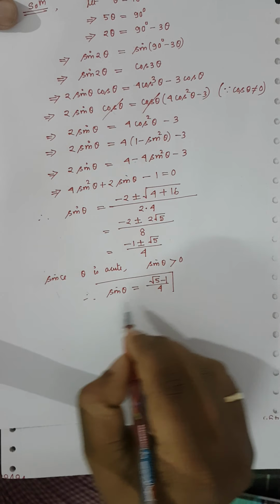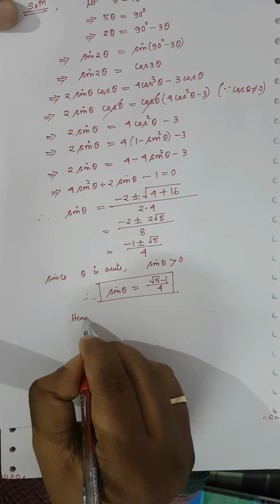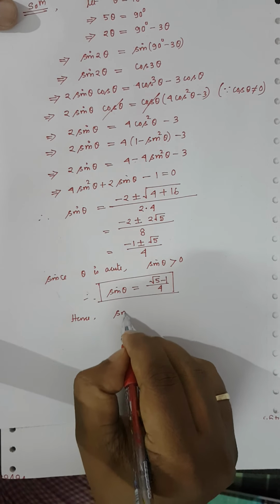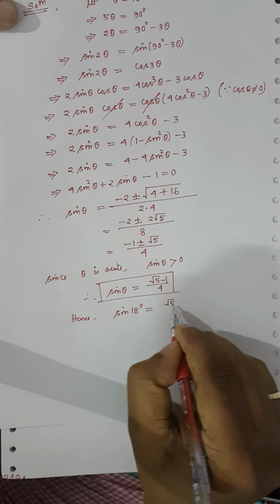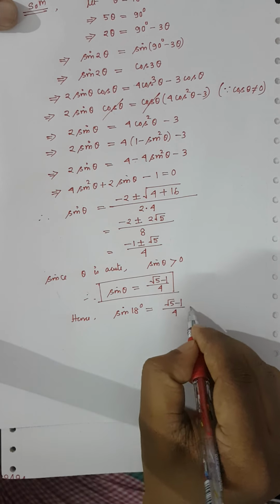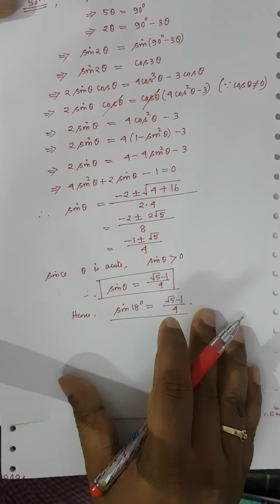This is the value of sine 18 degree. Hence we can write sine 18 degree is equal to root 5 minus 1 by 4.